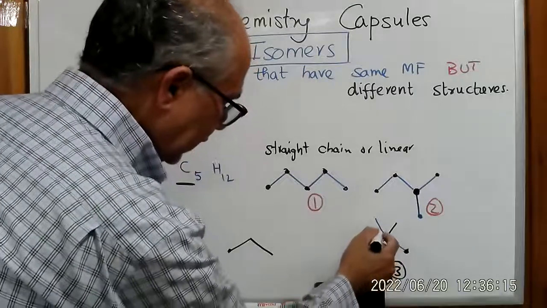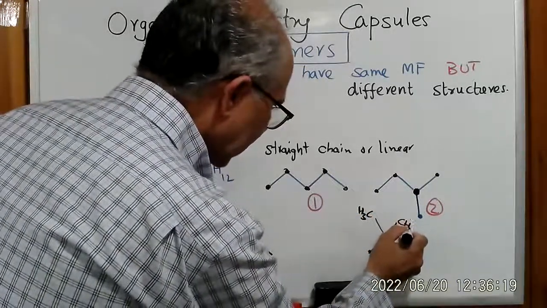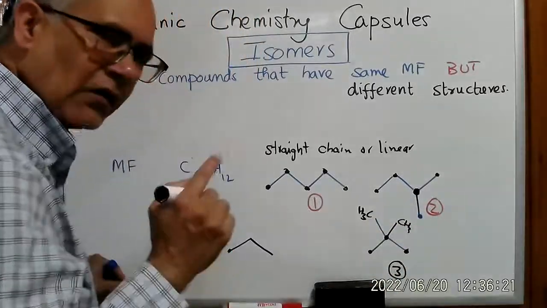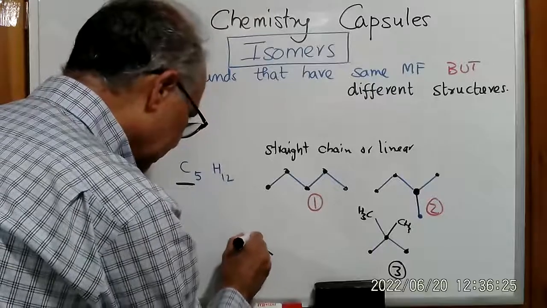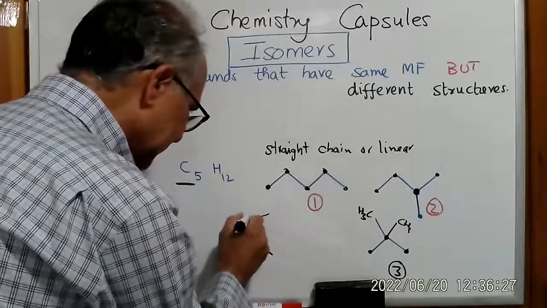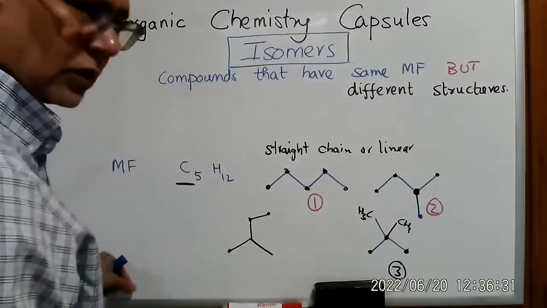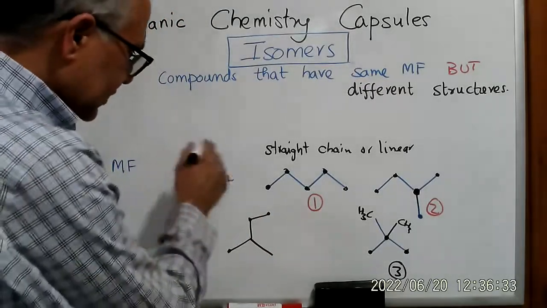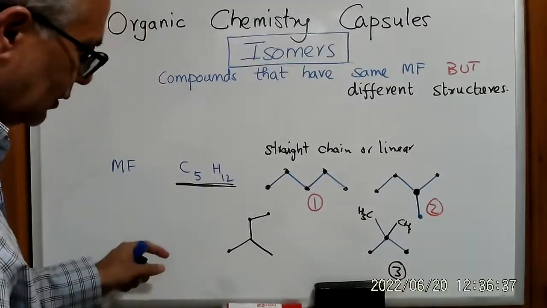In structure 3, we added 2 CH3s. How about instead of 2 CH3s, I add 2 carbons like this, a CH2 and a CH3? That still satisfies the molecular formula C5H12.